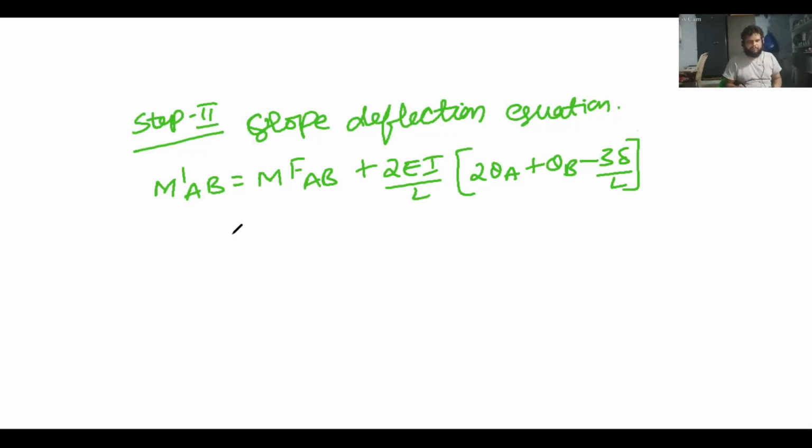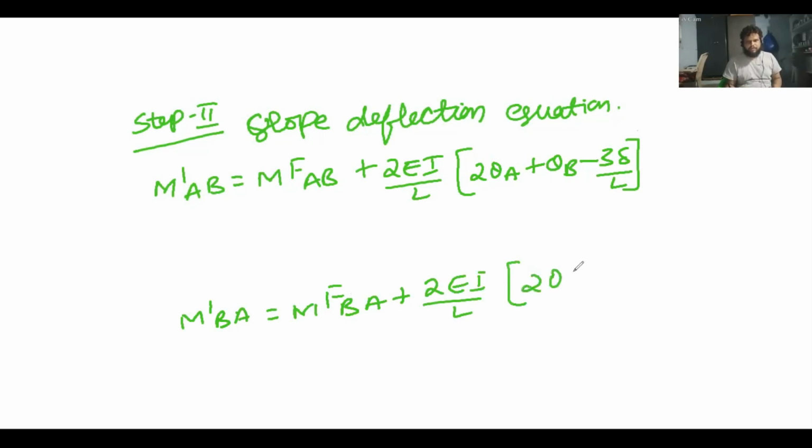Okay, now let me write M dash BA also. So M dash BA equal to MFBA plus 2EI by L into 2 theta B plus theta A minus 3 delta by L. Now if you observe, first we have to split these spans into 3.